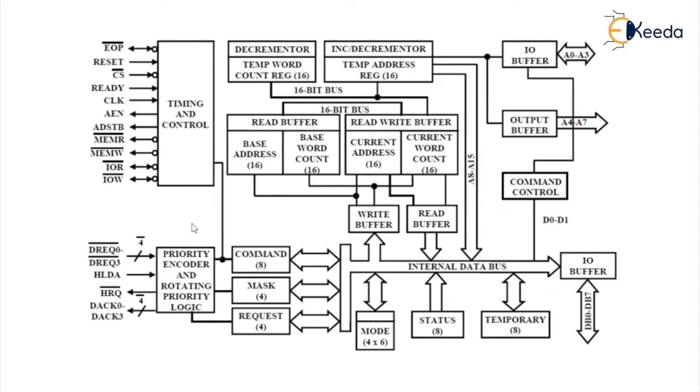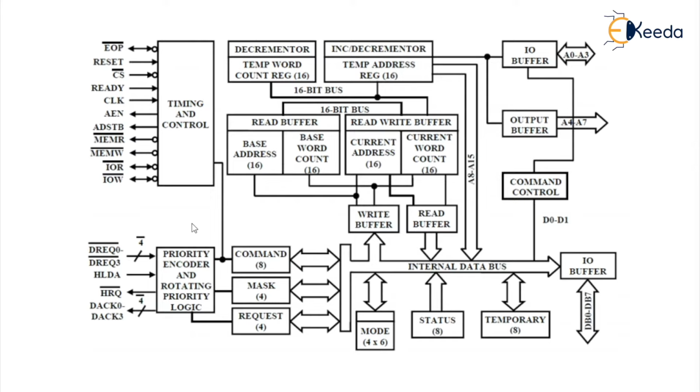So this is the operation of the 8237 DMA controller. There is a bus master mode and a bus slave mode. When the DMA controller sees a DMA request, it responds by performing one or many data transfers from that IO device into system memory or vice versa.